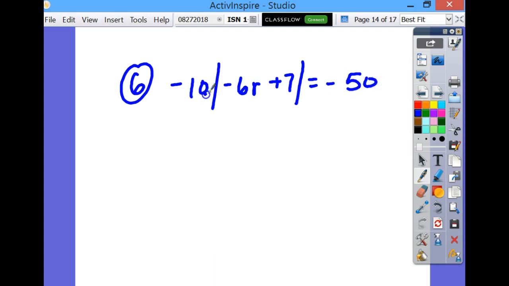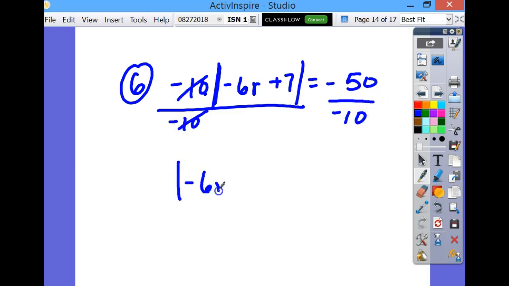This is multiplied by the absolute value. The opposite of multiply is divide. And when you isolate, is there going to be a solution? Yes, there will be 2 solutions. You're going to set up your case 1, and you're going to set up your case 2, and then you're going to solve it.